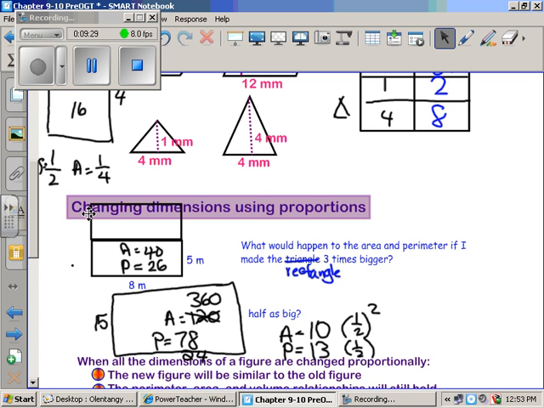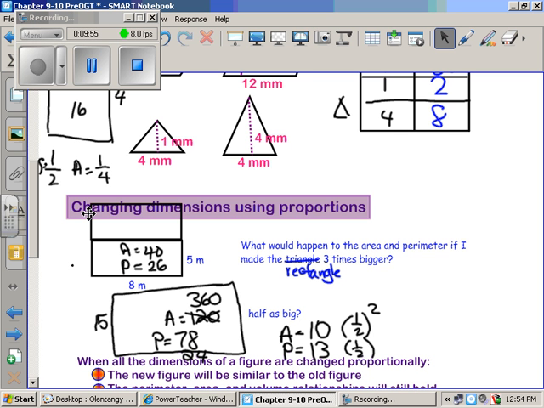What's the new dimension going to be? Yeah, it would just be double, because wouldn't it be 10 times 8? Right? So that would be what? 80. So if you're only changing one dimension, the change to the area is going to be the same. And if you're changing both dimensions, it's going to be the square of that change.